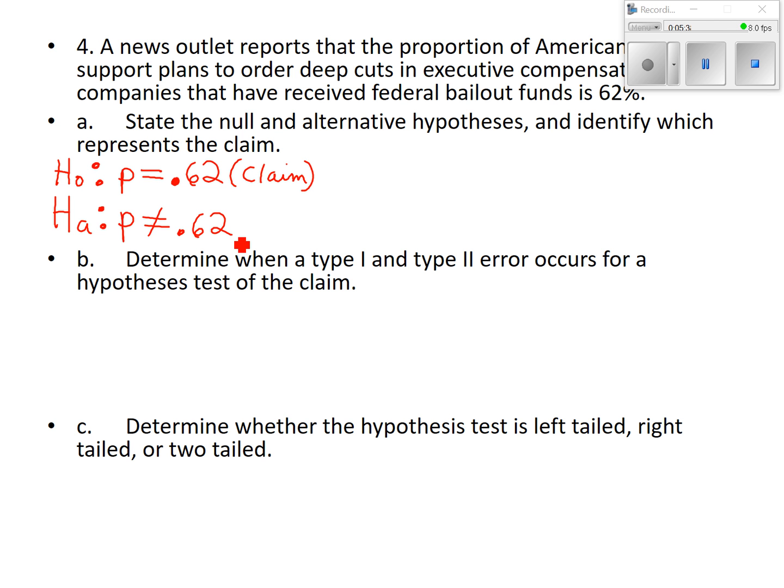Determine a type 1 and type 2 error. I'm not really concerned about the type 1 and type 2 errors. I'm going to tell it to you. I may take this problem off the test. We'll see. Type 1 error, remember, is when you reject the null and it ends up being true. So a type 1 error would be we reject the 62% and it is 62%.